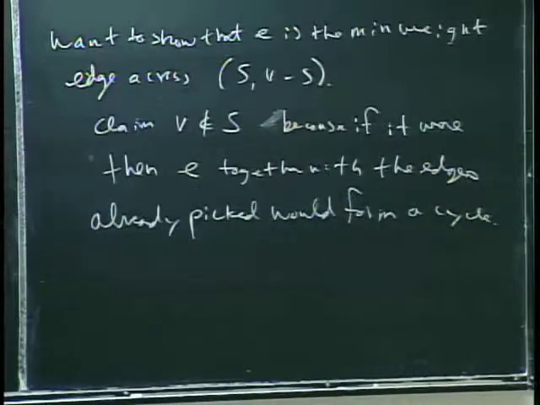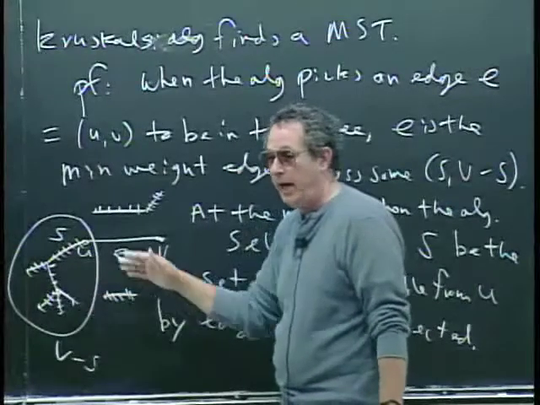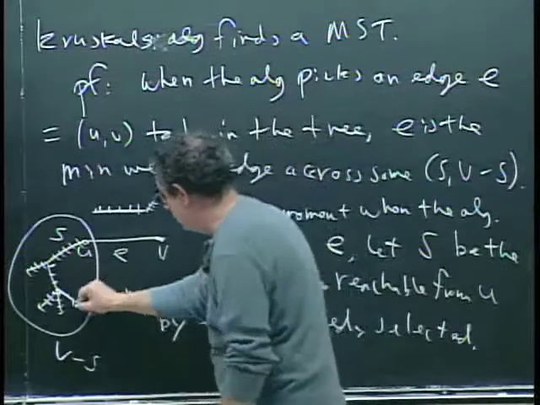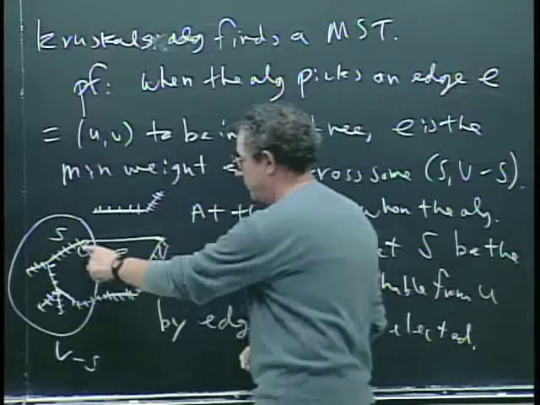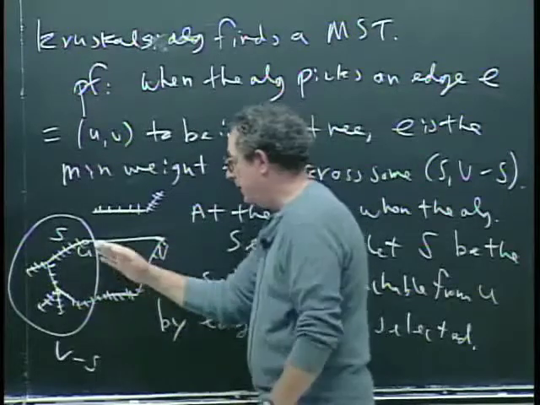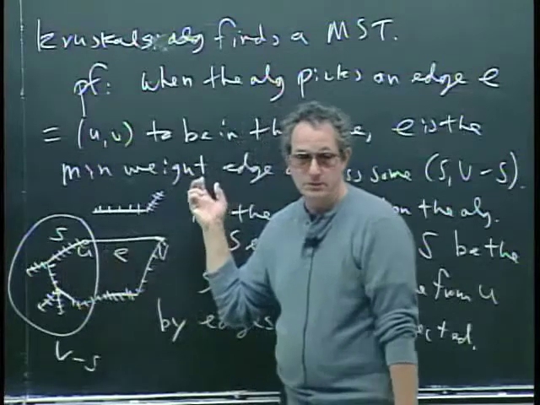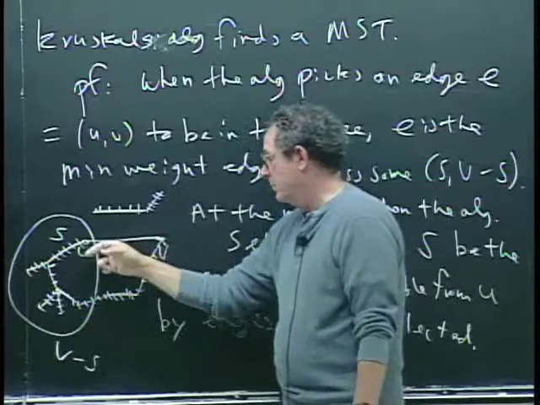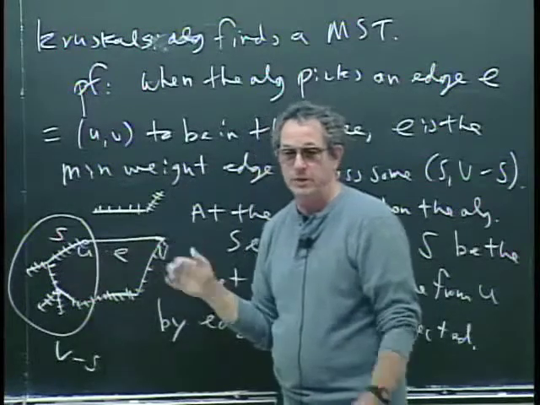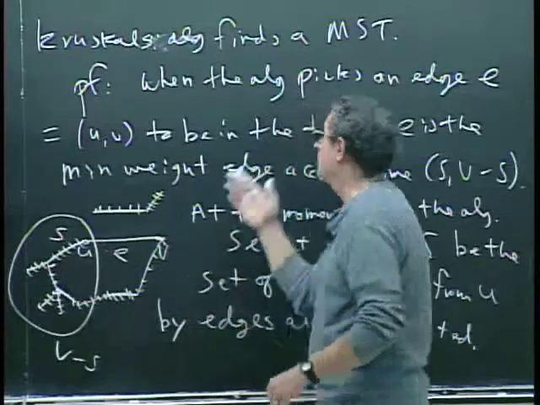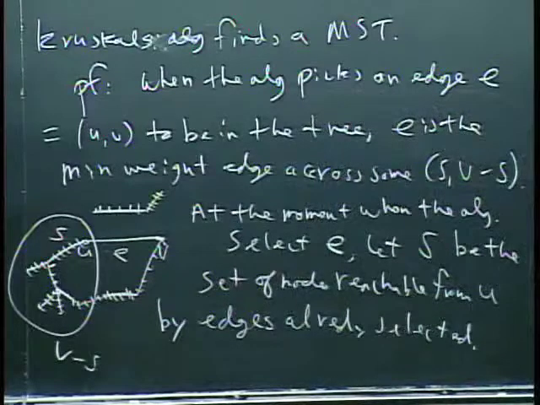Because S is defined as those nodes that are reachable from U by some path of edges that are already picked. So you can go from U to V along edges that have already been picked. That doesn't include E, because E is now being added to it. But when you add E together with those edges that are already picked, it would form a cycle, which would contradict that the algorithm is picking it. Okay? So we know that V is not in S.